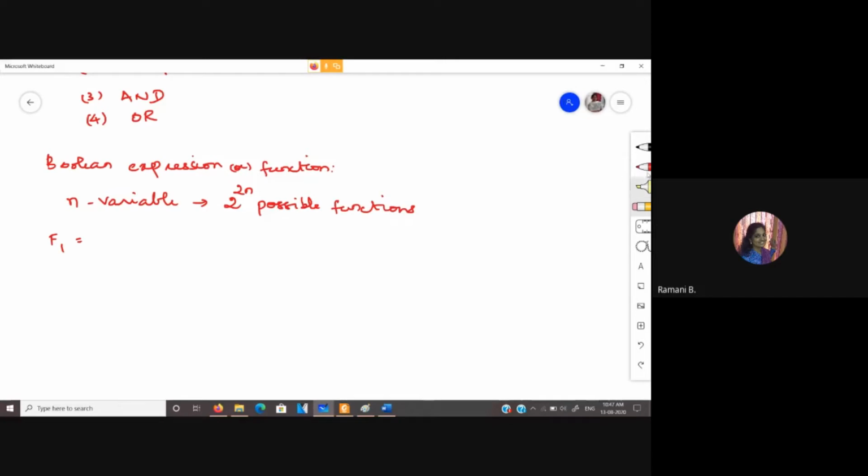This is a Boolean expression, so we will write the truth table for this. You have x, y, and z, as there are three variables. Then we shall write y bar z and then f.